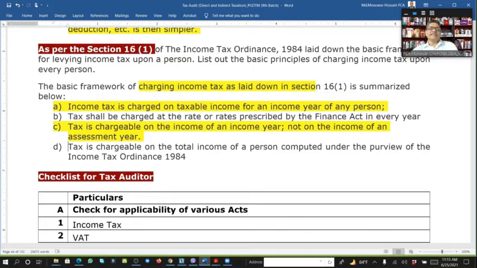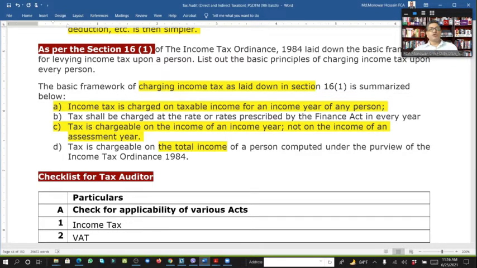And tax is chargeable on the total income of a person computed under the purview of the Income Tax Ordinance. So here is the total income. For example, if I am only a salaried person and salary is my only income, then salary is my total income. But if we have other income, that should be included in the total income.